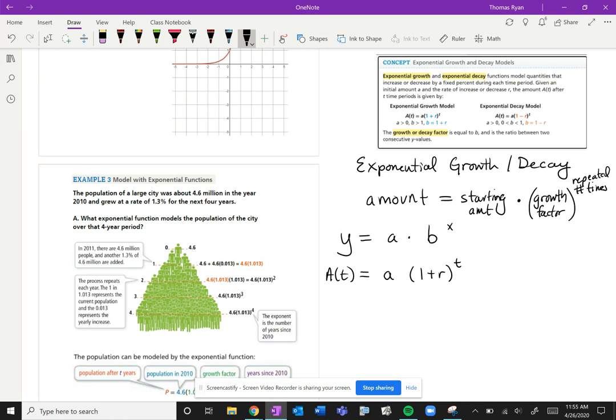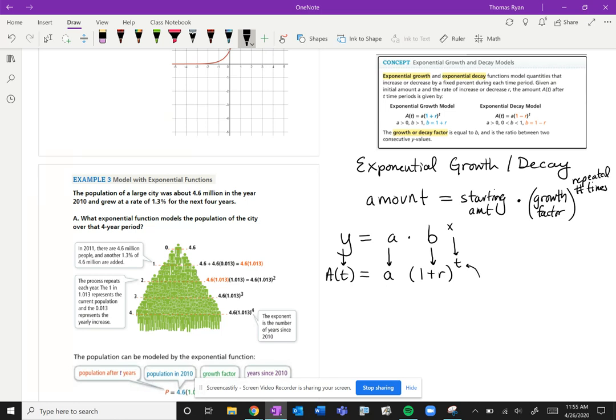Now, we're just using a different representation. Instead of y, we're using like f of x. In this case, we're using A of t. A is the same. We now change b to this idea of 1 plus r, and we're changing x to this idea of t. So this t more accurately represents time.